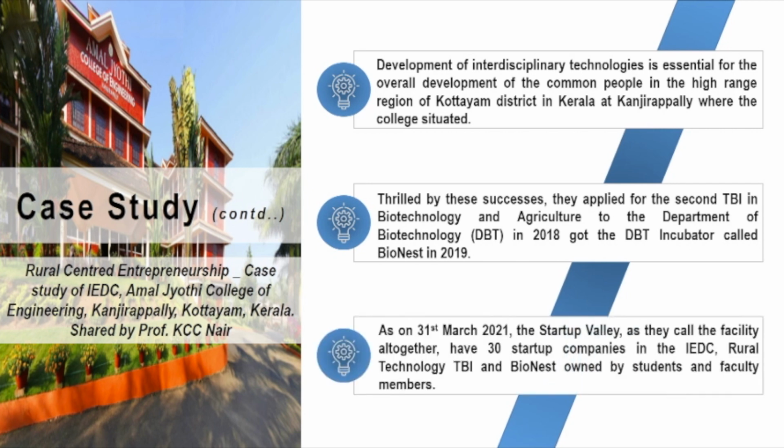As on 31st March 2021, the Startup Valley, as they call the facility altogether, has 30 startup companies in the IEDC, Rural Technology TBI and BioNest, owned by the students and faculty members.